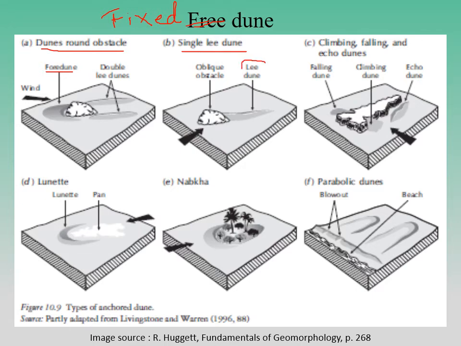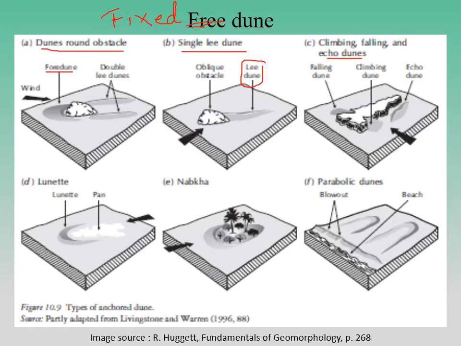Now these dunes are particularly formed where there is a restriction having a large area. The climbing dune, falling dune, and echo dune are formed depending upon the slope of the obstacle. When the upwind slope of the obstacle is less than around 30°, the sand blows over it.